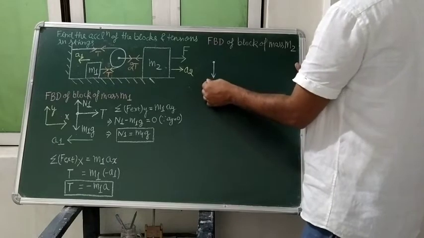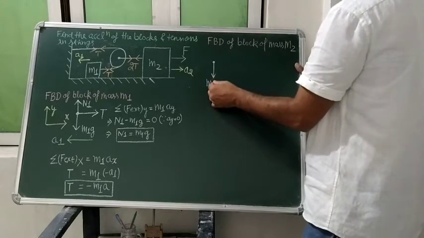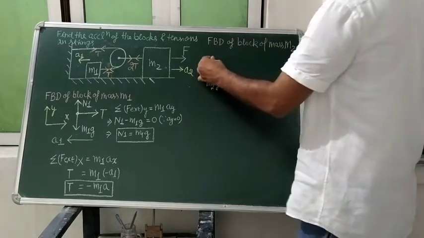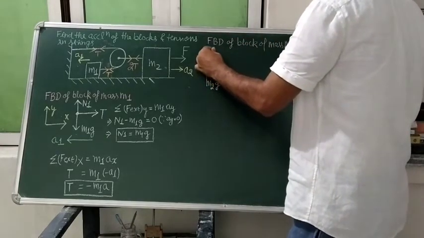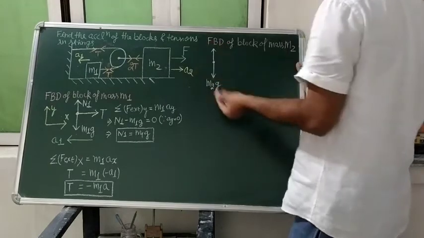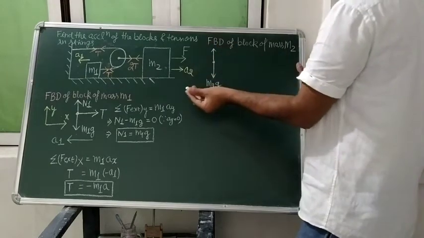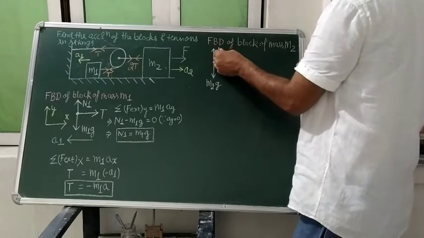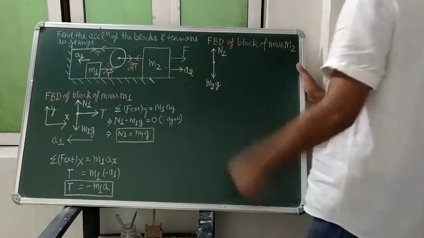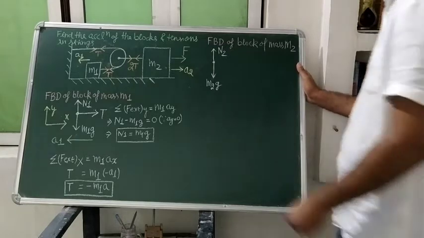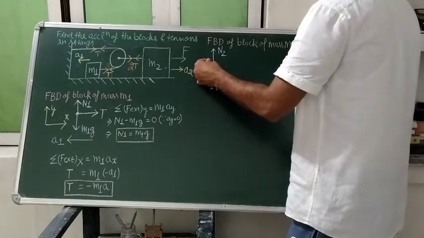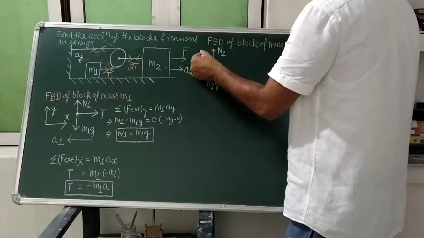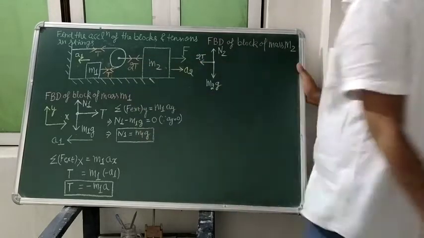That will be m2 times g here. Due to the contact, the normal will act on it, and that normal will be perpendicular to the contact surface. Suppose N2 is acting here, and of course this tension 2T is acting in this direction.